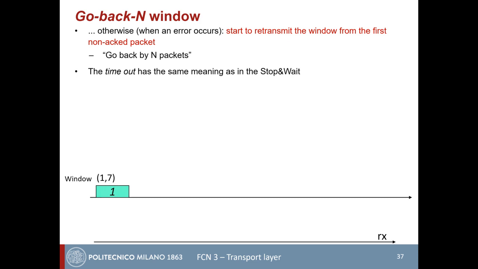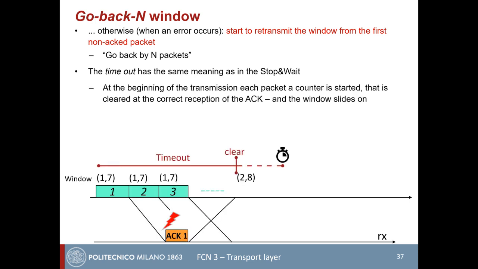The transmitter starts sending packet 1. Then it starts counting, initializing a counter. The counter conventionally is initialized at the beginning of the transmission of packet 1. And it goes on transmitting the other packets, because now the window is large enough, so it goes on waiting for the ACK of packet number 1.